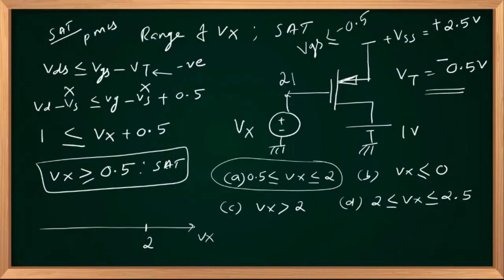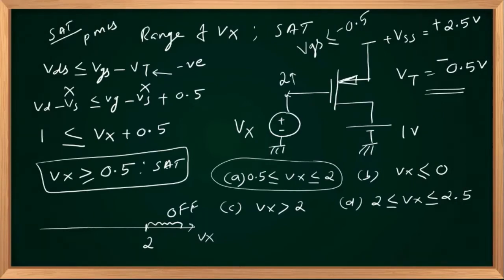If again increasing from 2 volts, the transistor will go to off state. So beyond this, it is in off state. Is that clear? VGS should be less than minus 0.5 for a given p-channel MOSFET. If VG is increasing beyond 2 volts, VGS will become greater than minus 0.5 volts. So that ensures an off state.